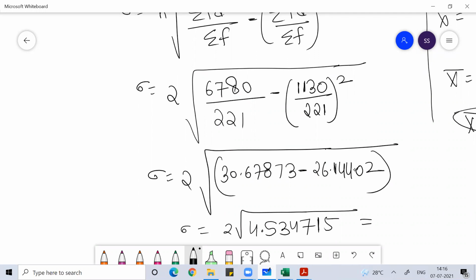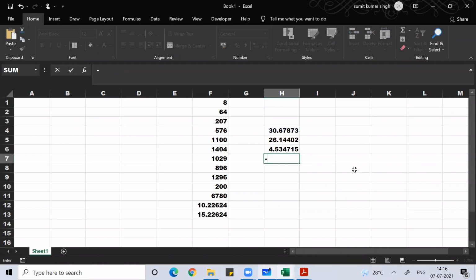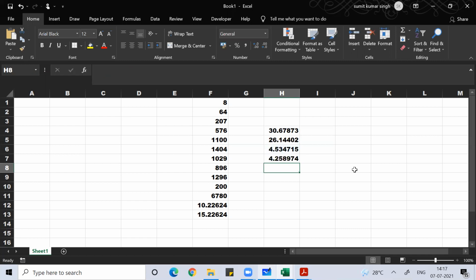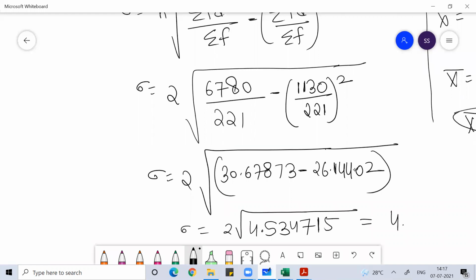Then the square root of this into 2 is 4.2589, or you can write it as 4.26.